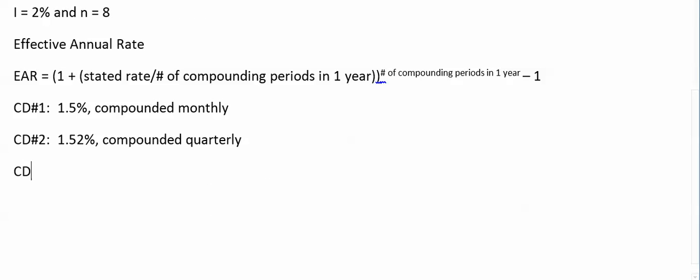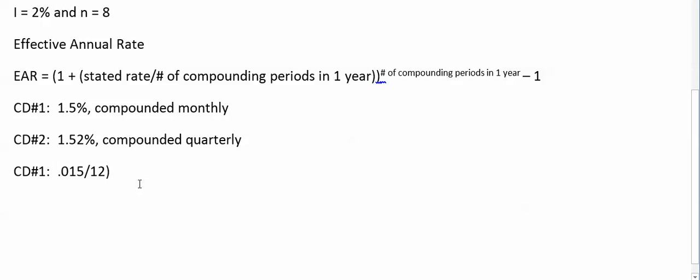So for CD number 1, I'm going to work it in a strange way, but I'm going to take that stated rate of 1.5%. I have to convert it to a decimal. I'm going to divide by the number of compounding periods in 1 year because they're doing monthly compounding with CD1. It's 12.